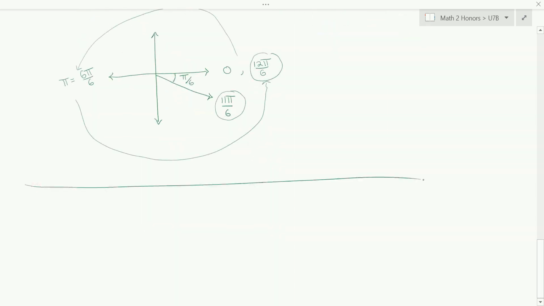Let me give you one more reference angle to find. Theta equals negative, let's do 15 pi over 4. Find the reference angle of negative 15 pi over 4.